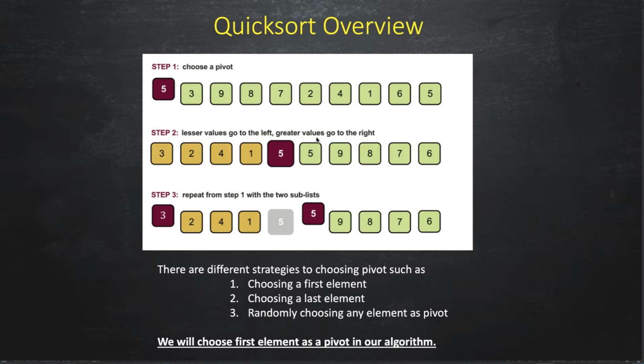Since Quicksort is a divide and conquer algorithm, we divide the arrays into smaller chunks and then we use the partitioning method as a conquer step to repeat that process. Once we repeat the process, eventually we get the sorted array. So that's an overview of the Quicksort.